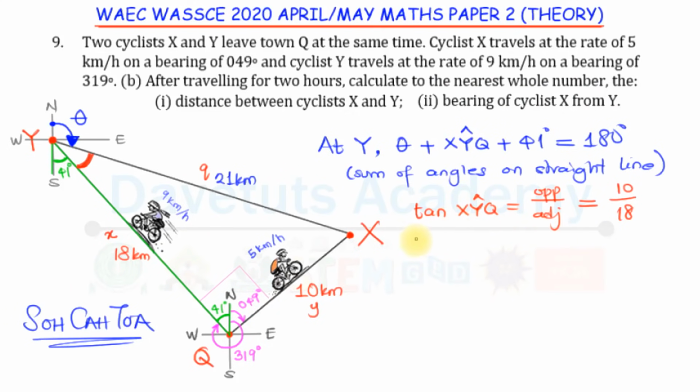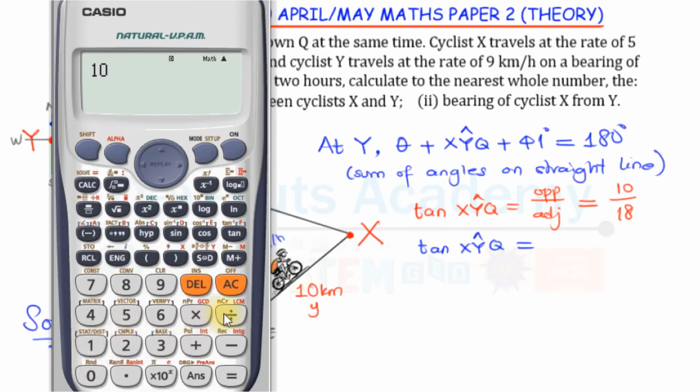So that means that tan XYQ is equal to 10 over 18. What is 10 over 18 from our calculator? 10 divided by 18 is 5 over 9, which is 0.5 recurring. The mark on top of the 5 means that it is a repeated value.